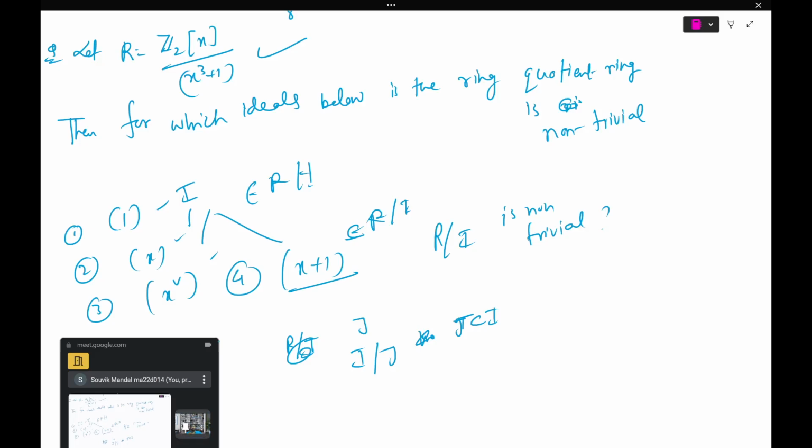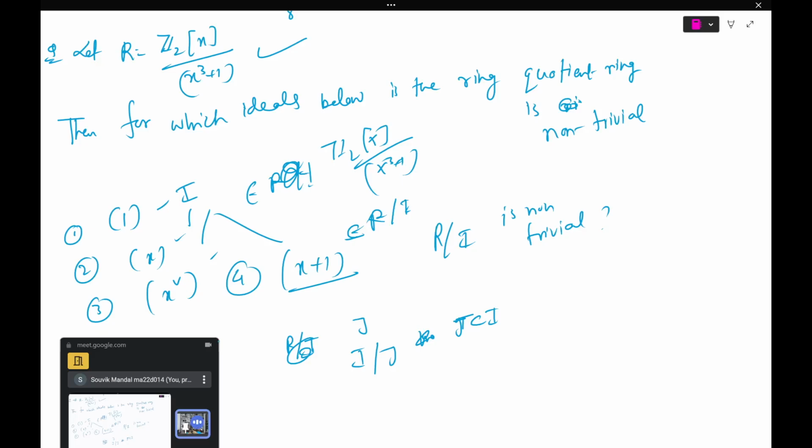Please repeat. Sure. All those ideals I belong to the quotient ring Z2[x] modulo x cube plus 1.